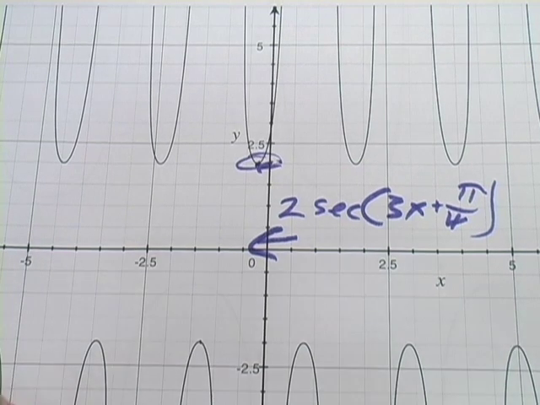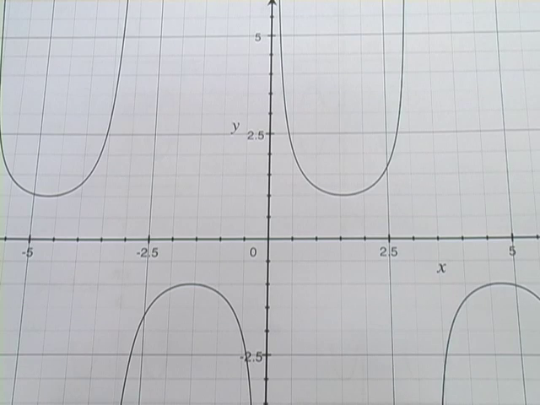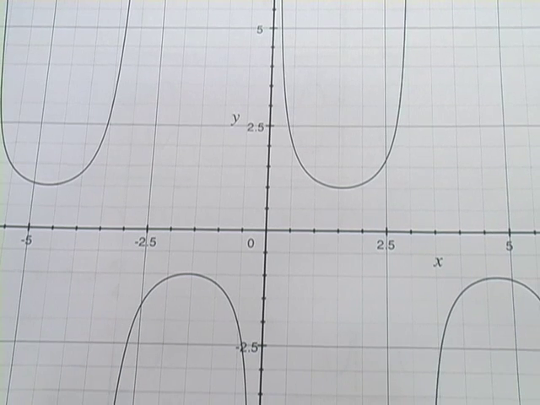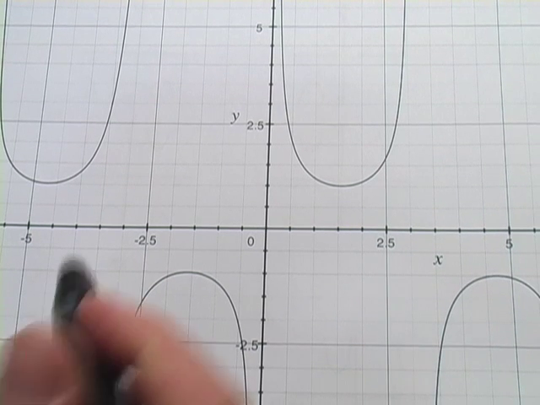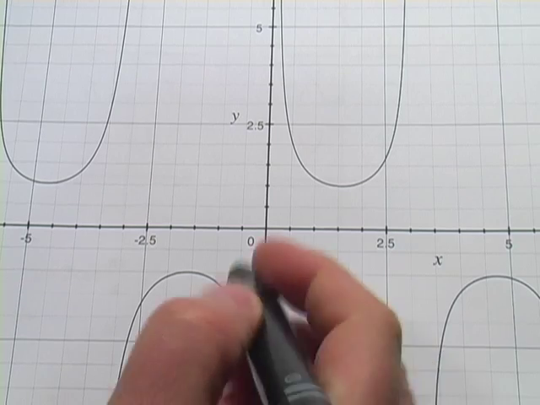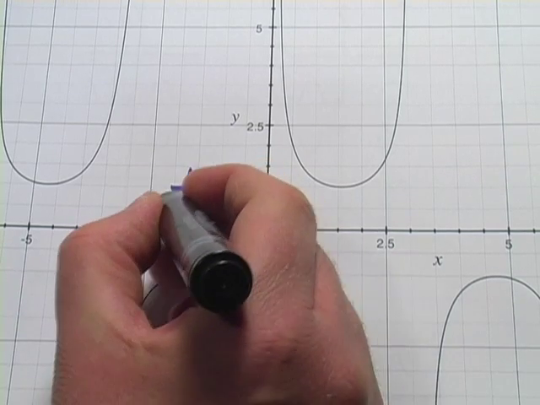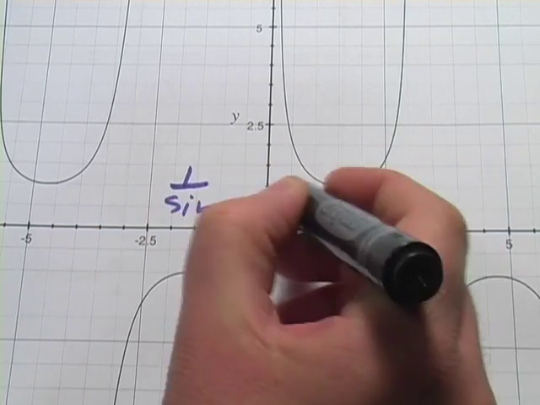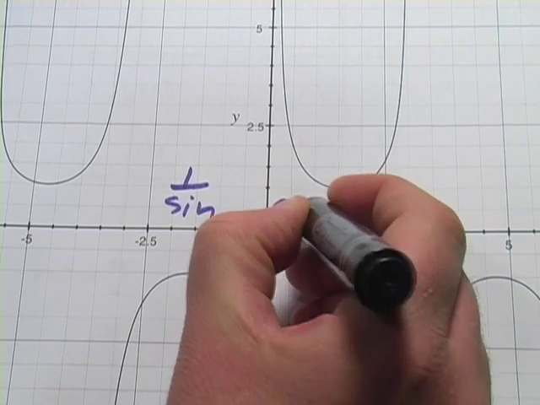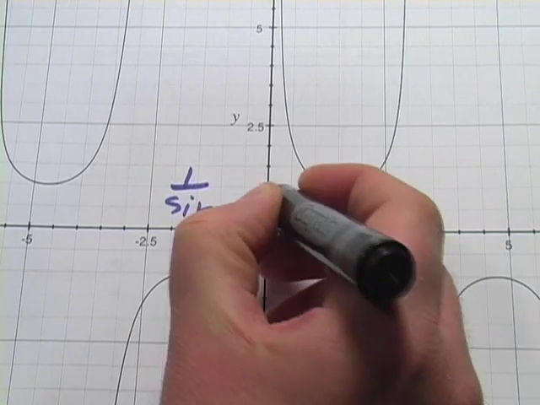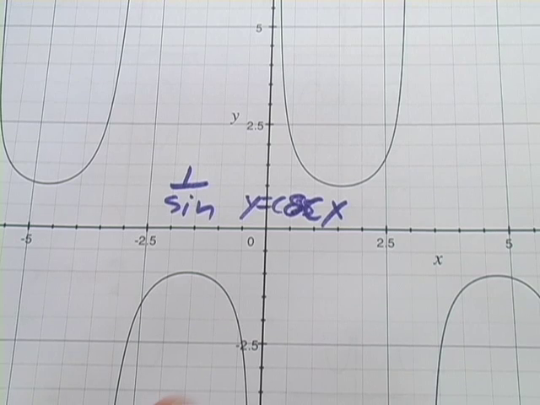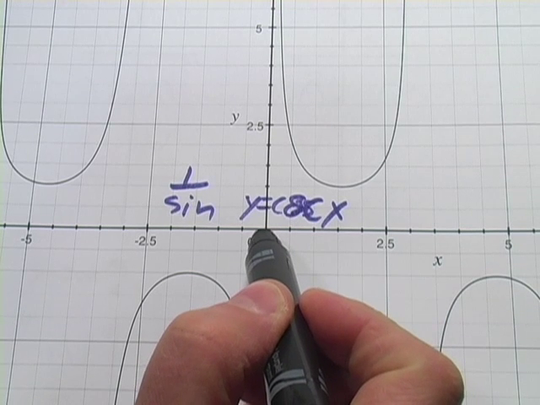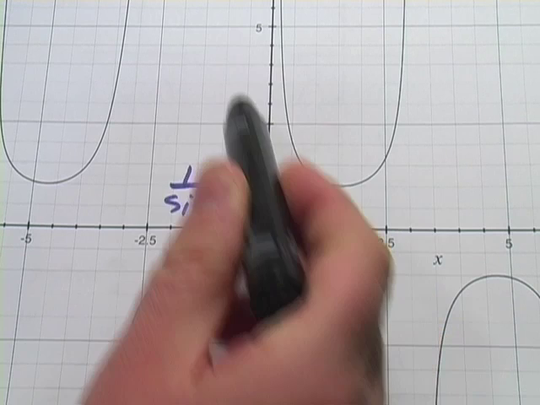All right, let's look at the cosecant. So there's cosecant. Looks a lot like the secant, as you can imagine, except it's shifted in the way that the sine is shifted, because this is a graph of 1 over sine. So this is the cosecant of x. Now, at 0, the sine is 0, so this becomes 1 over 0 or undefined.